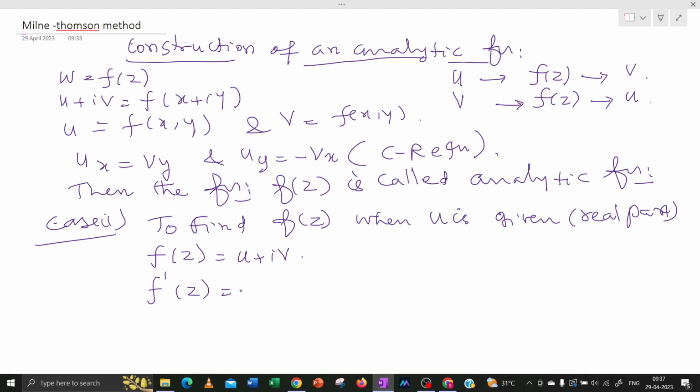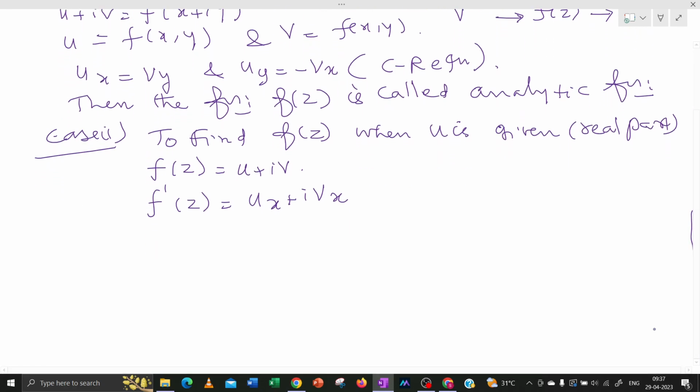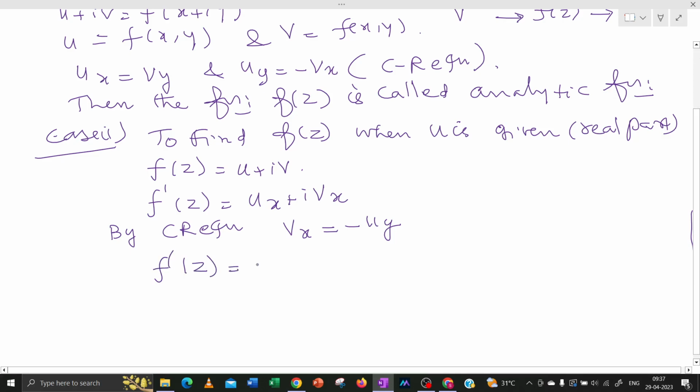If you differentiate with respect to x, you will get ux plus i vx. As per the Cauchy-Riemann equation, already it has been given that function f of z is analytic. By the Cauchy-Riemann equation, vx equal to minus uy. If you substitute here, you will get f dash of z equal to ux.